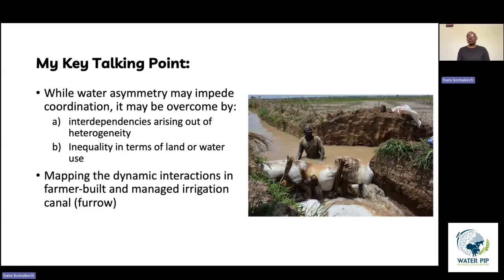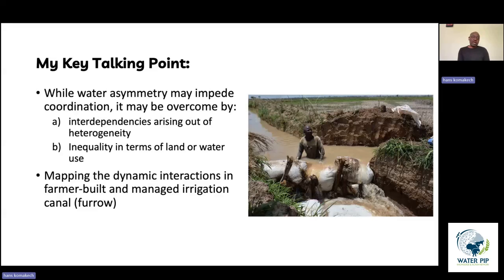But I also want to talk about issues of mapping. How would you go about identifying or making that visible, as has been introduced? I want to show that based on the work that I did in 2007 to 2009 in Tanzania, looking at irrigation systems that have been managed for over 50 years by farmers based on structures that they have created.